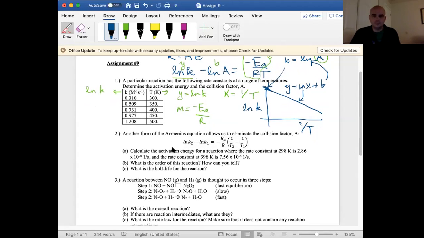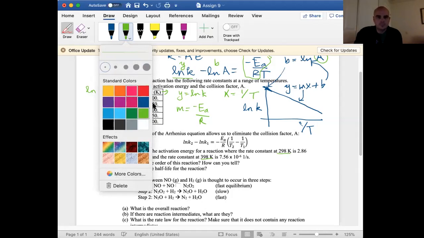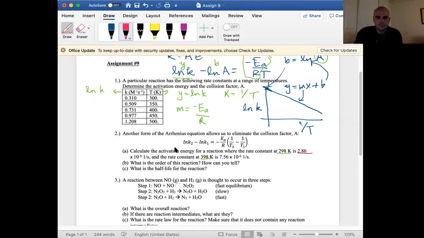So there's a lot of symbols here, but the information in the equation, we have 2 temperatures, right? And we have 2 K values, this guy and this guy.